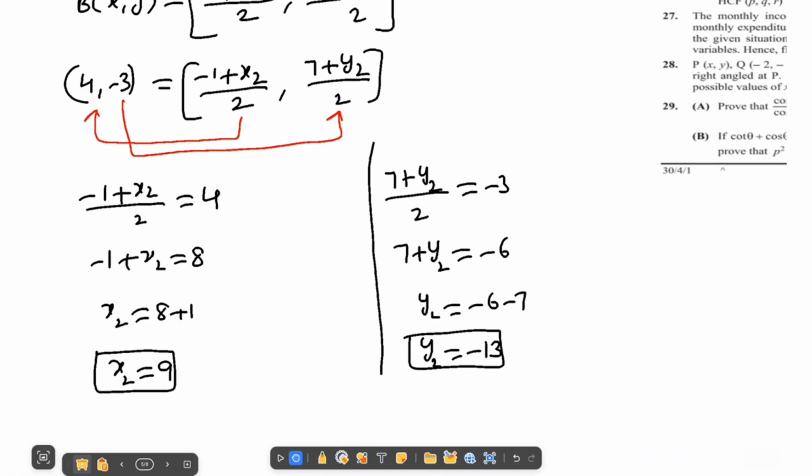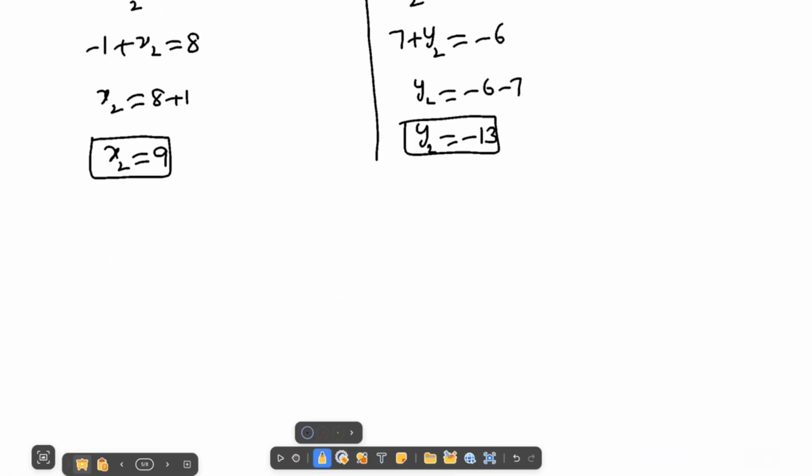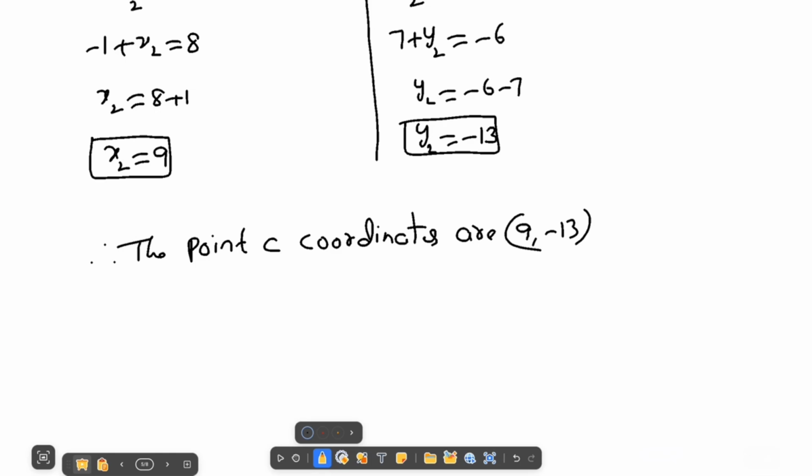So here the C coordinates are, therefore the point C coordinates are 9 comma minus 13. So this is the solution.